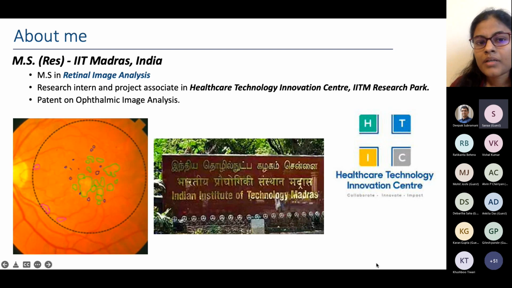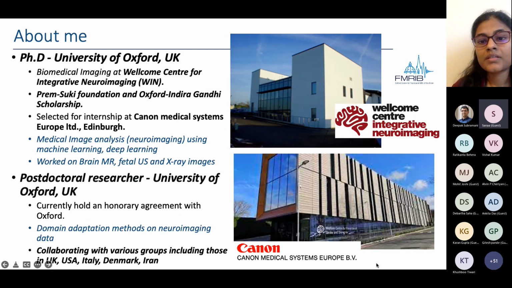During my master's, I was working as research intern and project associate in Healthcare Technology Innovation Center at IIT Madras. After finishing my master's, I got this exciting opportunity to pursue my PhD at University of Oxford with full scholarship. I started working at Wellcome Center for Integrative Neuroimaging, specifically on neuroimaging, again identification of small vessel disease signs on brain MR images.